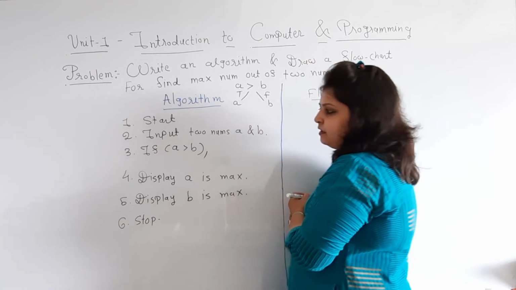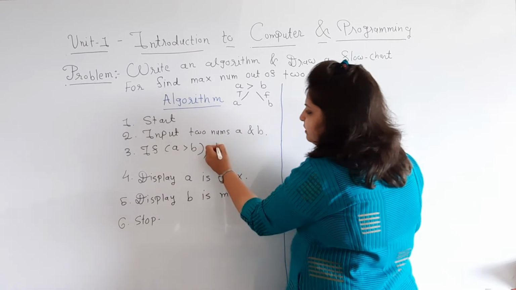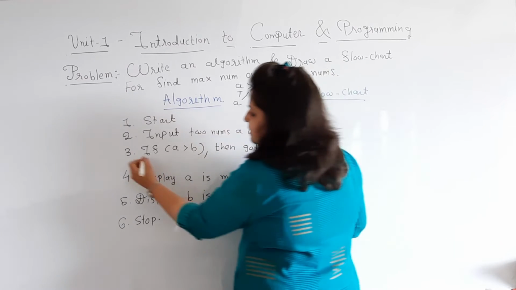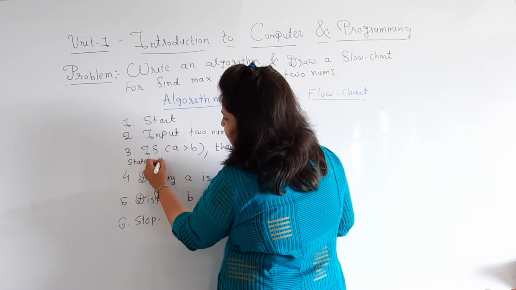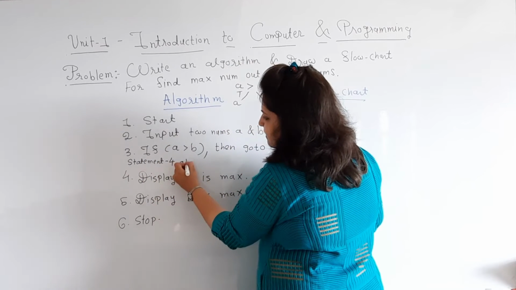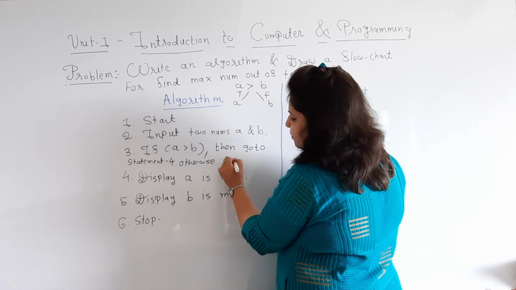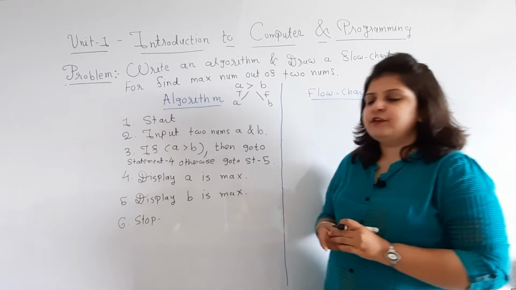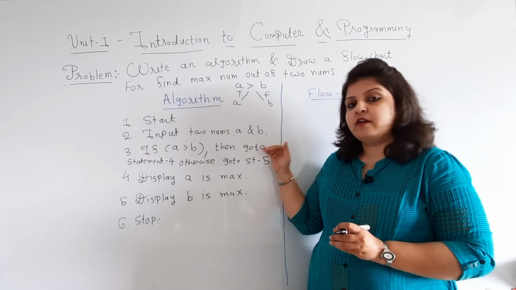Here we write a comma and write: if this condition is true, then go to statement number 4, otherwise go to statement number 5. So in this way we can set our control for the condition.